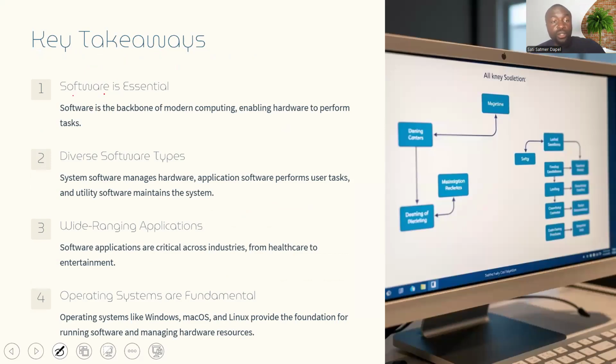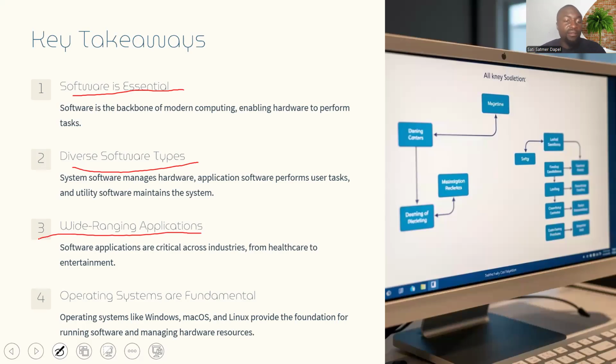We have seen that software is essential, which means software is the backbone of modern computing, and it enables hardware to perform their tasks. We've seen the different types of software: application software, system software, and utility software.